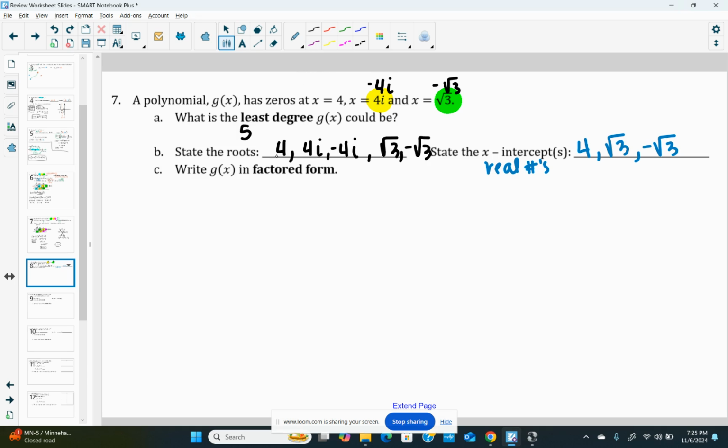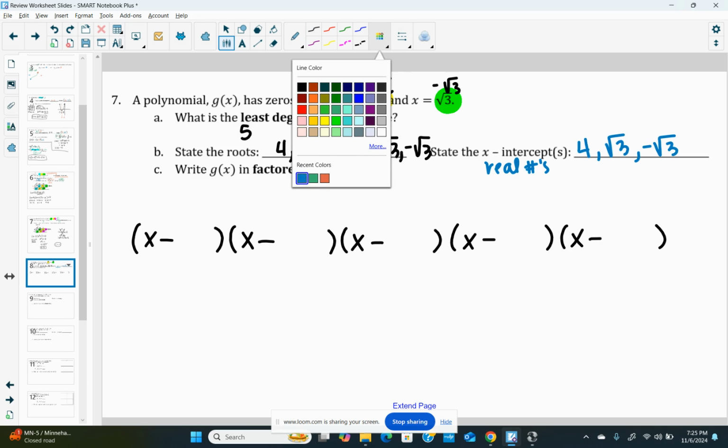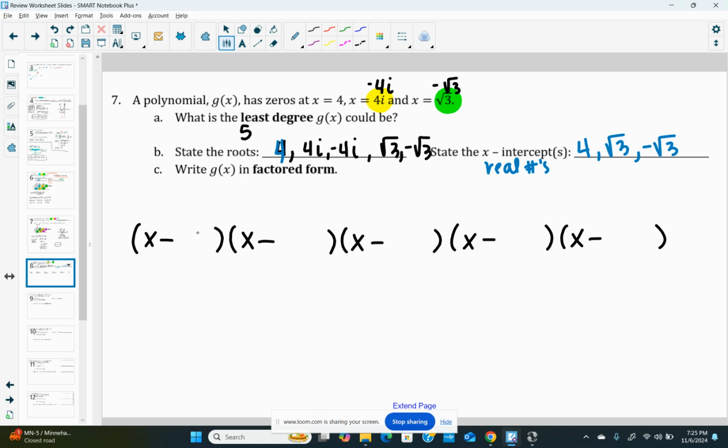Then let's write this in factored form. So remember that your factors are always going to be x minus the root. And we're going to have 5 of these because we have 5 roots. So we have x minus 4 as one of the factors. Then for 4i, it's x minus 4i.